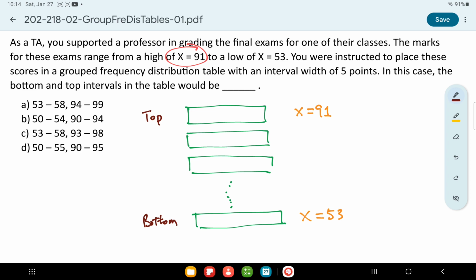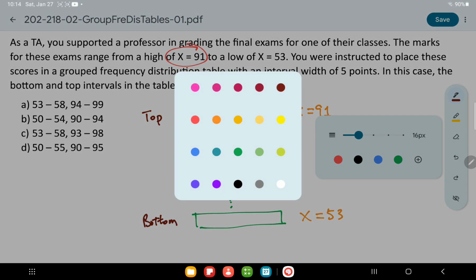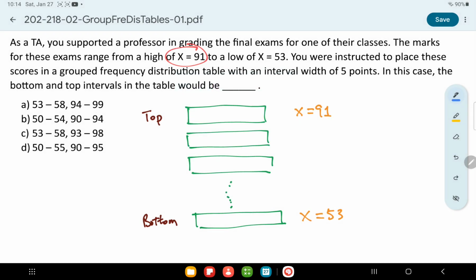We'll have to determine what the top category is as well as the bottom category, the top interval and the bottom interval. Now to do this, there's another piece of information that we need, which is already provided in the question: an interval width of 5 points.